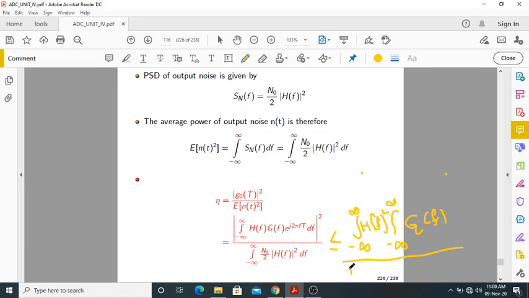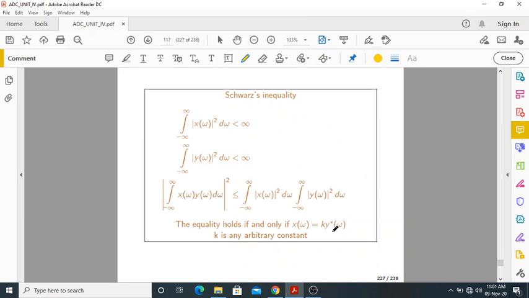N naught by 2 is anyway constant, take it outside. So integration from minus infinity to plus infinity of |H(f)| whole square. Then what happens? These two cancel out. Now this will be less than or equal to the integration of |G(f)| whole square by N naught by 2. That is what you have written.